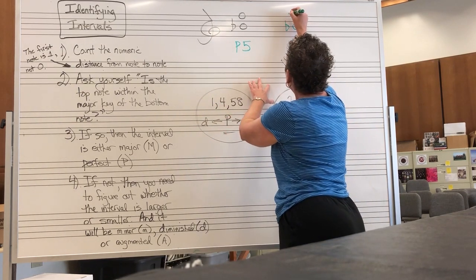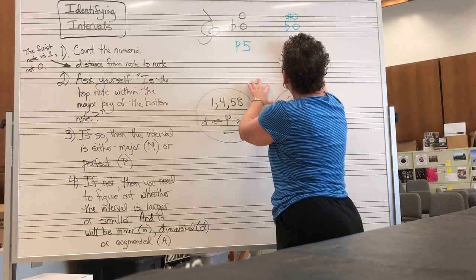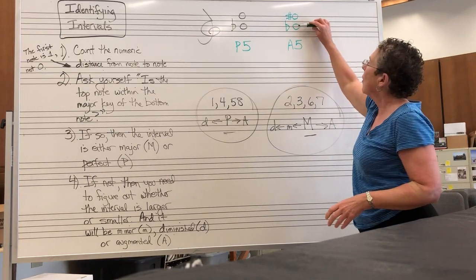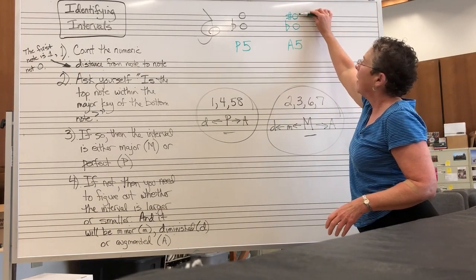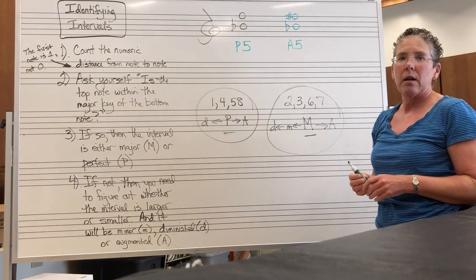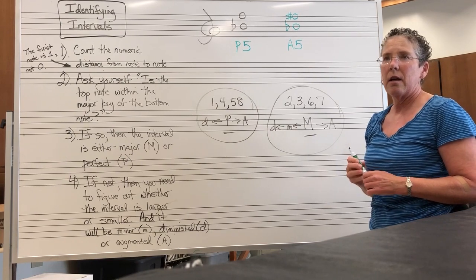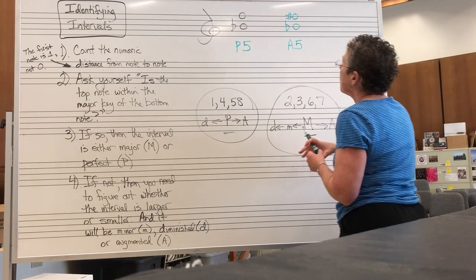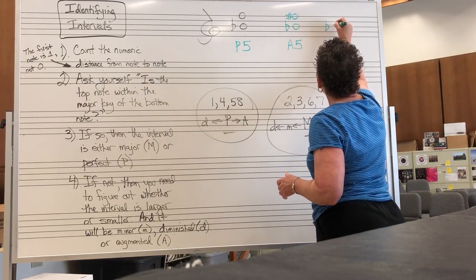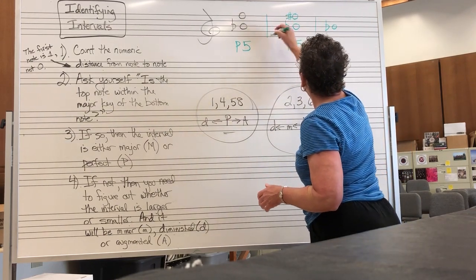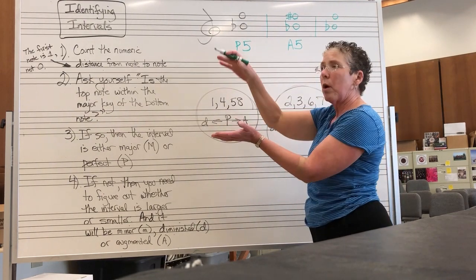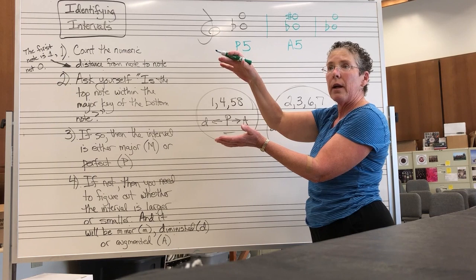So I'm going to raise the top one. Now this is an augmented fifth. Notice that the notes are still on this line and this line. Okay? If I was to make this a diminished fifth, I would need to make it more compact, right?